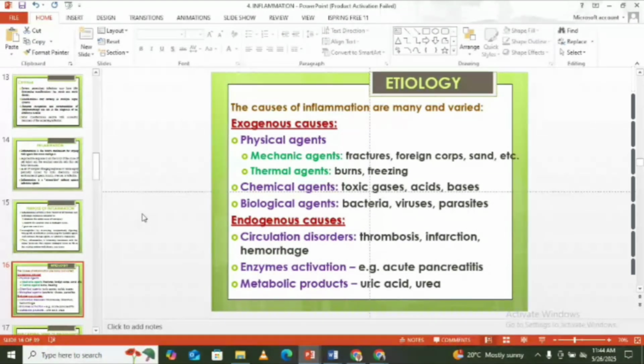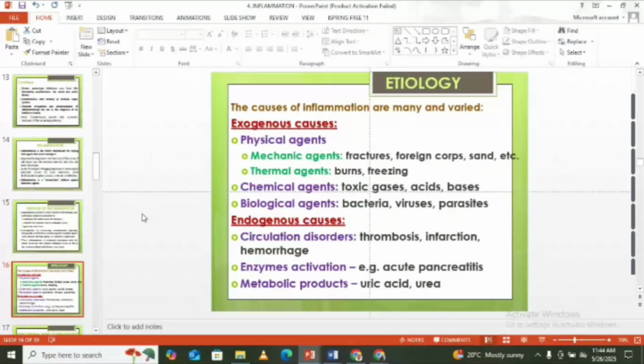Then we have the endogenous causes, like in cases of circulation disorders, like thrombosis, where a thrombus has formed and obstructed blood flow. Cases of infarction, where a given tissue of the body is not receiving sufficient oxygenated blood.